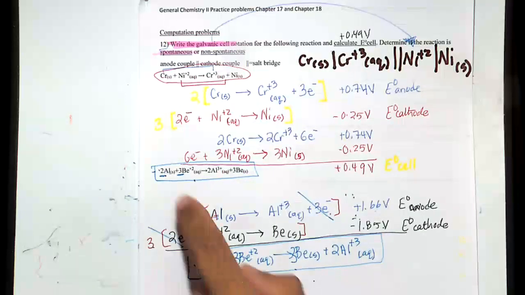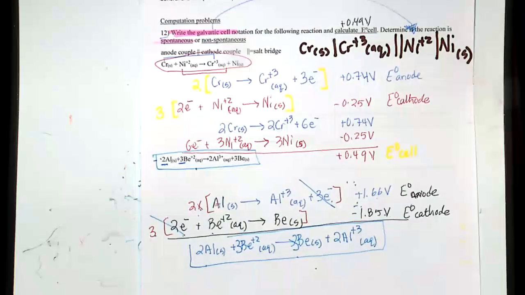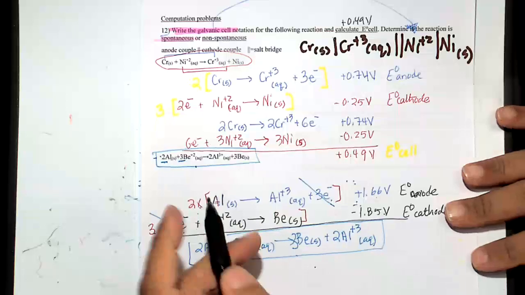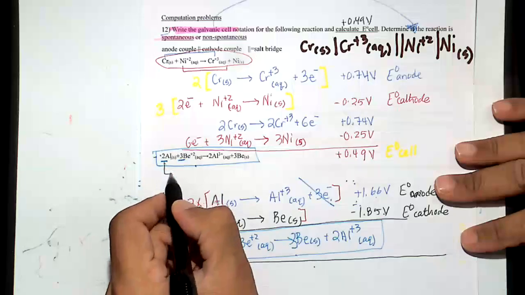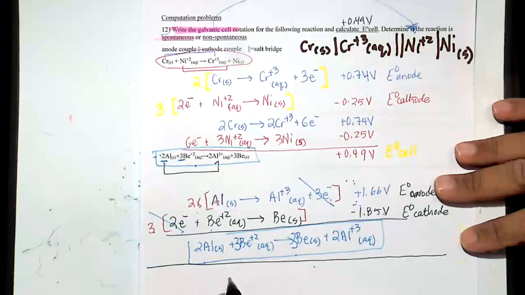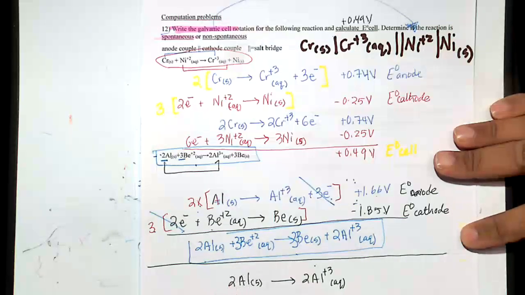So in case this confuses you, these coefficients, if you don't want to ignore them, because you saw how I ignored them, you can also do it like this. Okay, we have 2Al solid goes to 2Al plus 3. First of all, the 2's will cancel, but let's say you don't cancel the 2's.